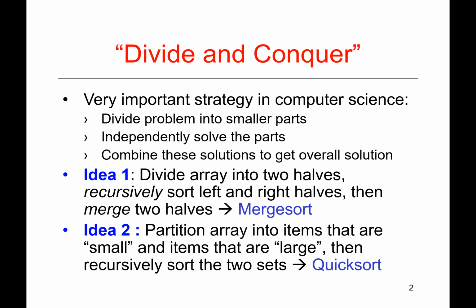It also belongs to the decrease and conquer technique. In the decrease and conquer technique, we talk about decrease by constant factor and variable size decrease. There are three types of decrease and conquer.